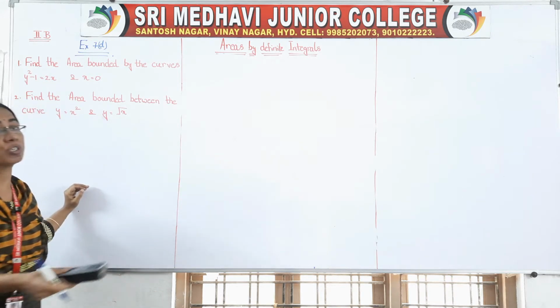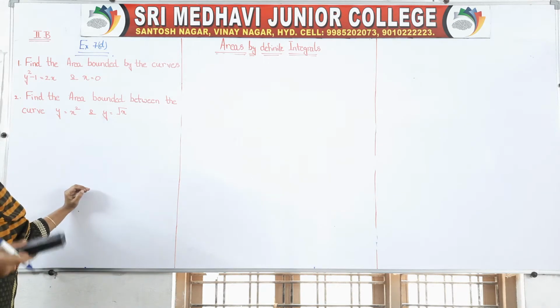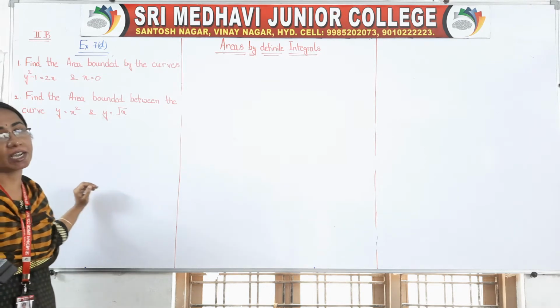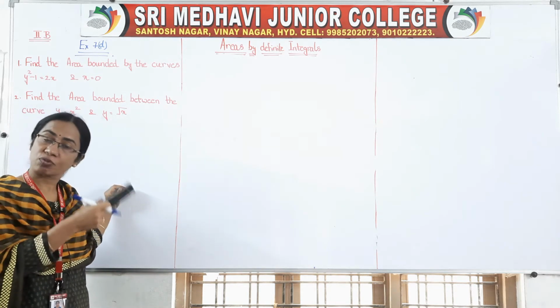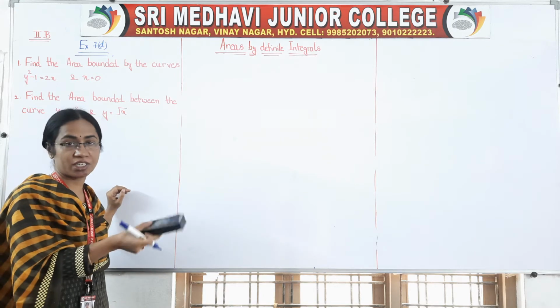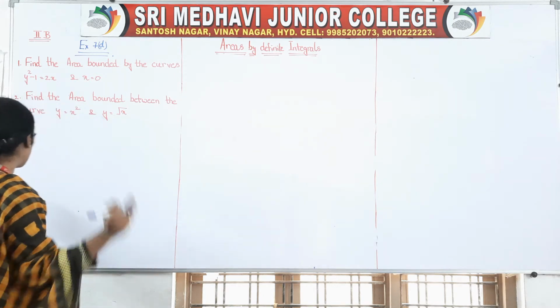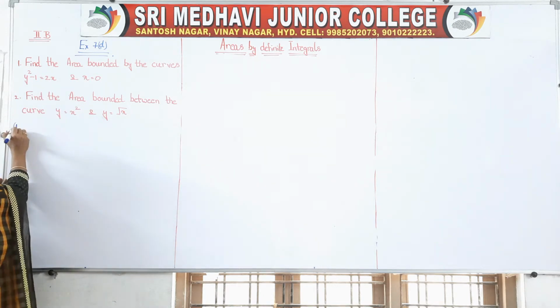Before going to see the diagram, we want the limits, from which point to which point we have to find the area. For that we have to solve these 2 equations. So first, take your first one.